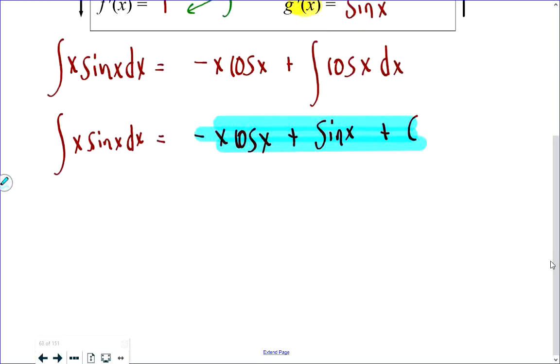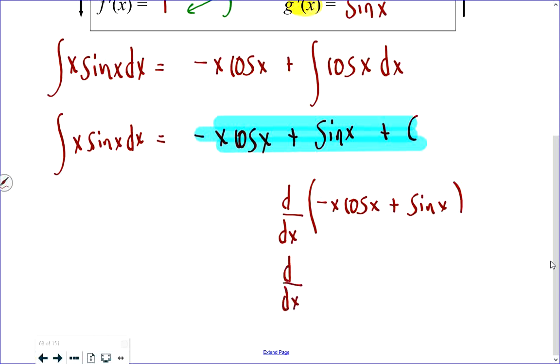Just to convince you of this, if that is right, then the derivative with respect to x of negative x cos x plus sine x better give us x sine x. That's, after all, the test for how we determine whether antiderivatives or integrals are correct. When I differentiate with respect to x a sum, I can differentiate the sum in pieces. The derivative of a sum is the sum of the derivatives.